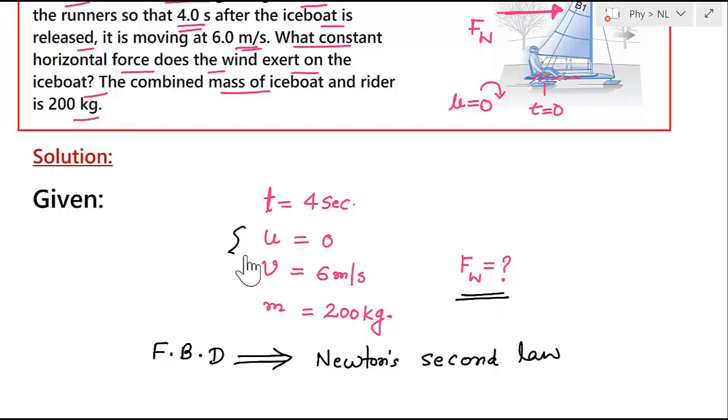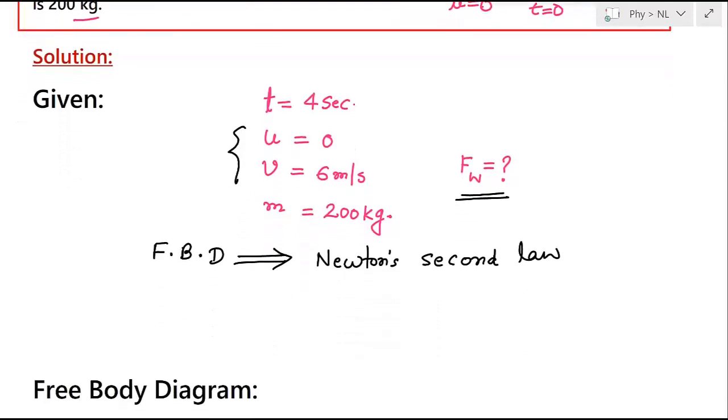And the question also gives a hint of acceleration. Because the velocity is changing, we can calculate the acceleration. And Newton's second law relates force equals mass into acceleration. So I have to calculate this force, and I have been given this acceleration and this mass. So now I can calculate my force.